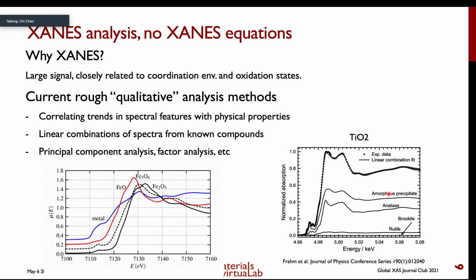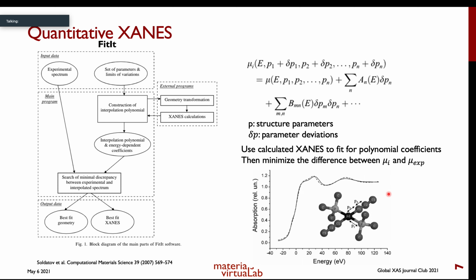And if you have a lot of data, you can also do something like principal component analysis and try to deconvolve the individual component signals from the total signal. There have also been some approaches to realize quantitative XANES analysis by leveraging computational methods. Basically, the assumption is that whenever you have a structure, I can calculate precisely the XANES spectrum from the structure.